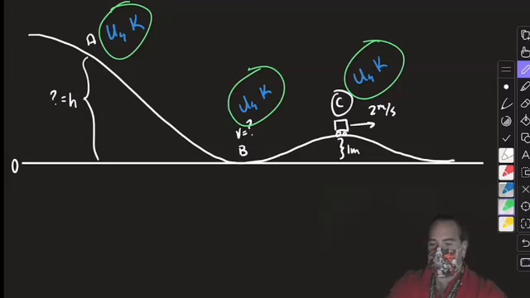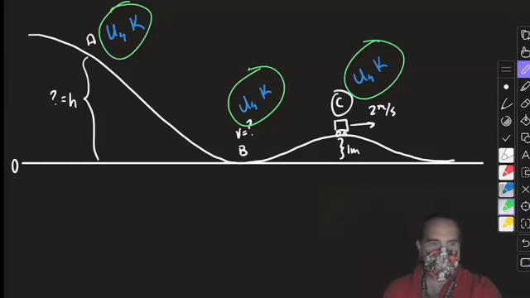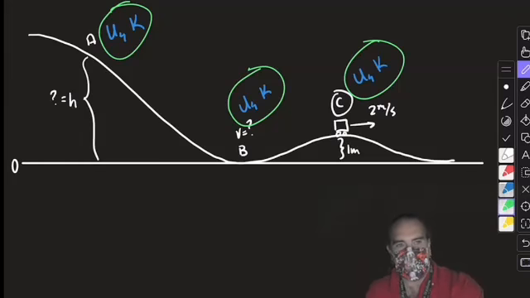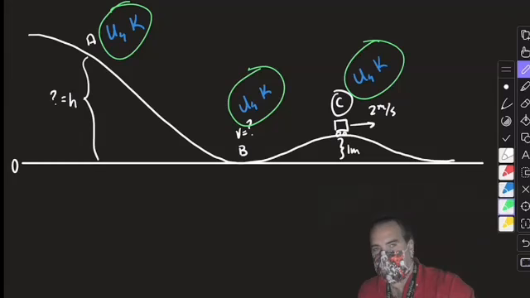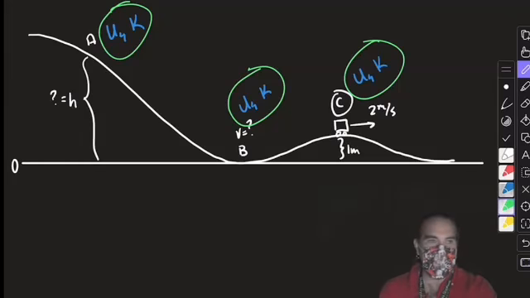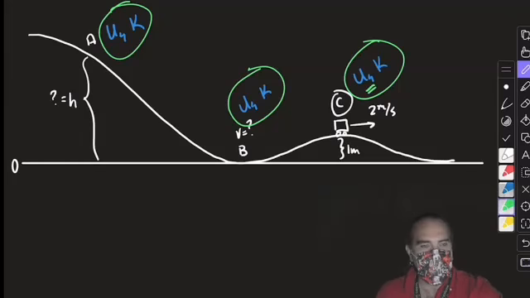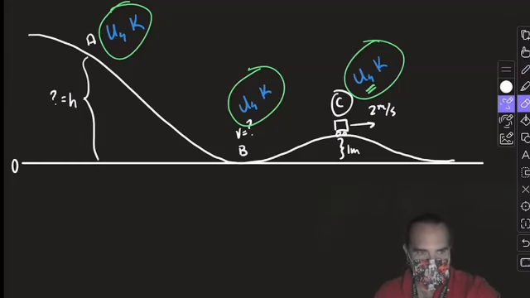So after we have placed the available types of energy next to each of the states of the problem, you go state by state and decide whether it has that kind of energy or not. For example, I'm going to start at state C. Why? Because that was where they gave me information. They told me the object was 1 meter above the lowest point. That means it has gravitational potential. Is it above the reference level?